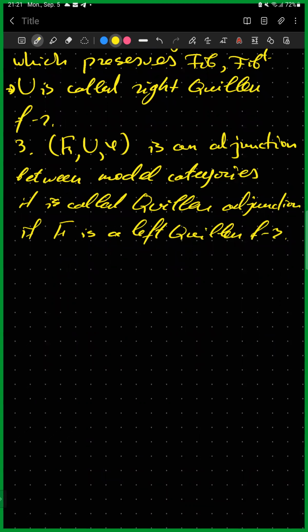Okay, so now we're ready to define total left and total right derived functors of a Quillen functor.